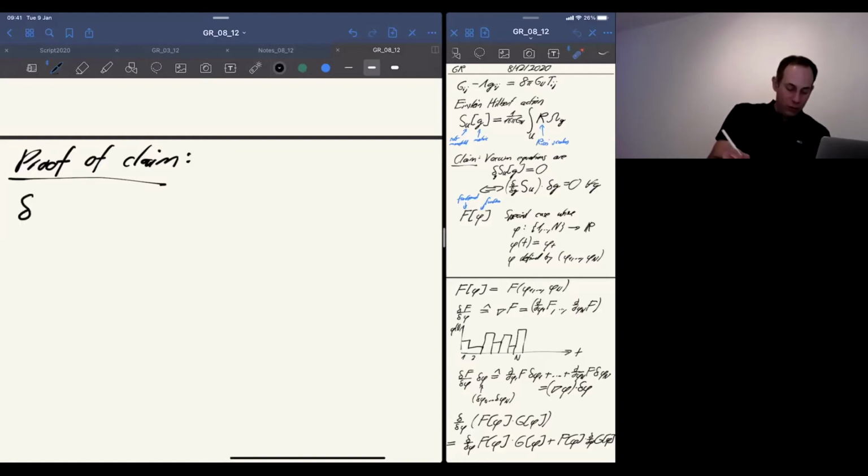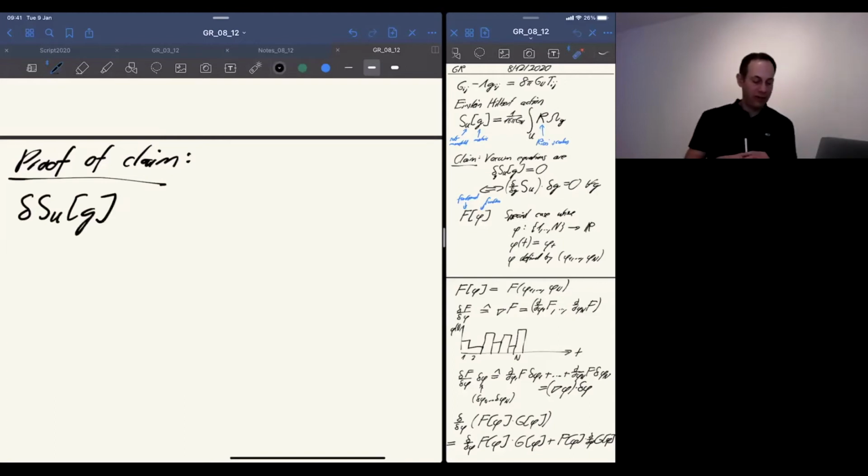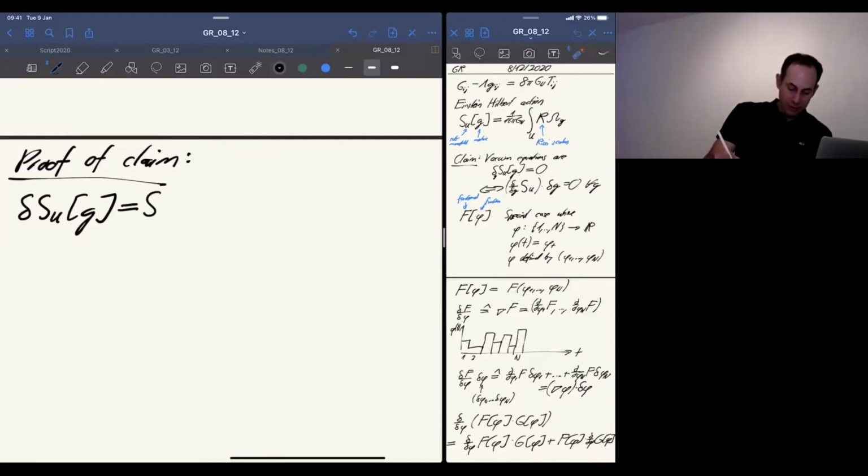So what we need to do is to essentially vary this thing. So that was given. So the right-hand side will just be 0. So let's write down explicitly what that thing is. So what we vary is really this action that I introduced.